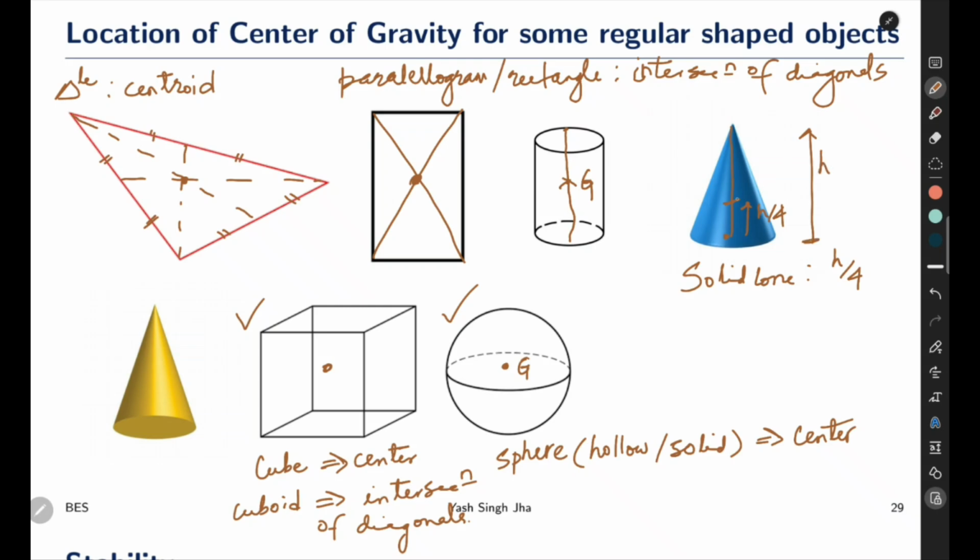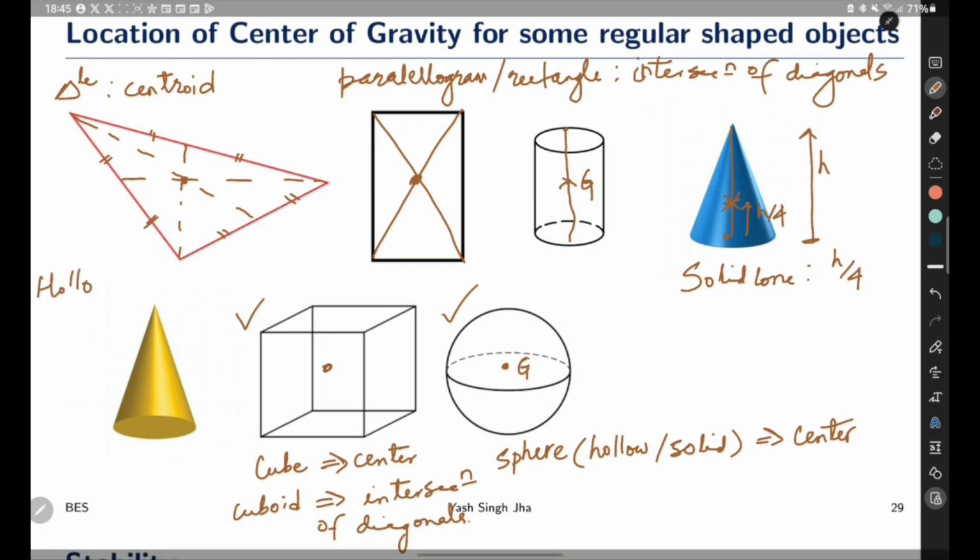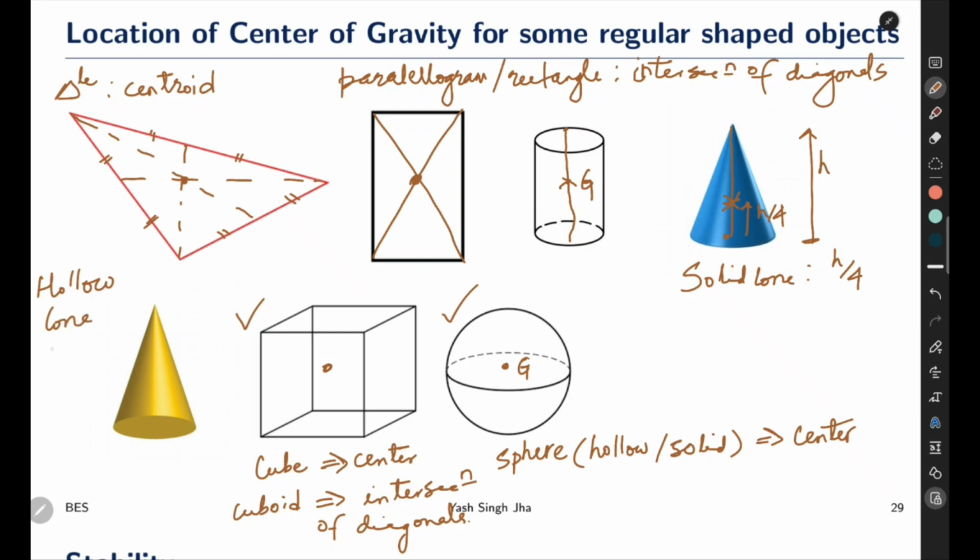The center of gravity lies at a location h/4 from the base of the cone. For a hollow cone, it is at a distance of h/3 from the base of the cone, where h is the height.